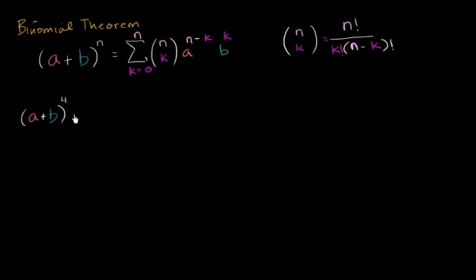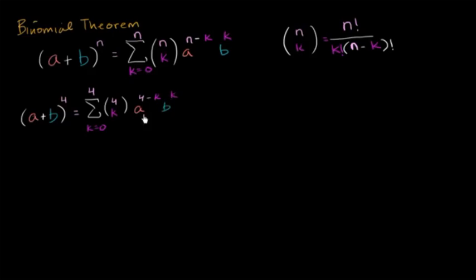So the binomial theorem tells us that this is going to be equal to, and I'm just going to use this exact notation, the sum from k equals 0 to 4 of 4 choose k, a to the 4 minus k power, times b to the k power.